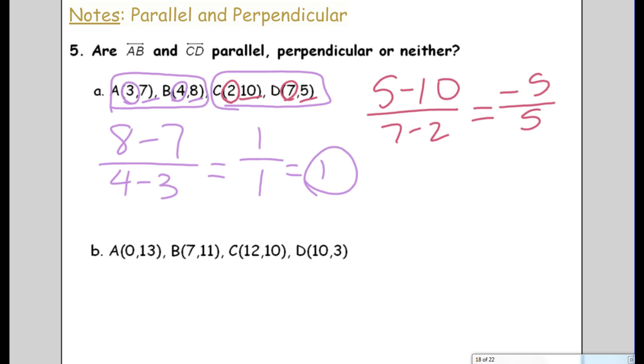What is -5 divided by 5? -1. You can ask your calculator. Parallel, perpendicular, or neither? Perpendicular, because 1 and -1 are flipped and switched.